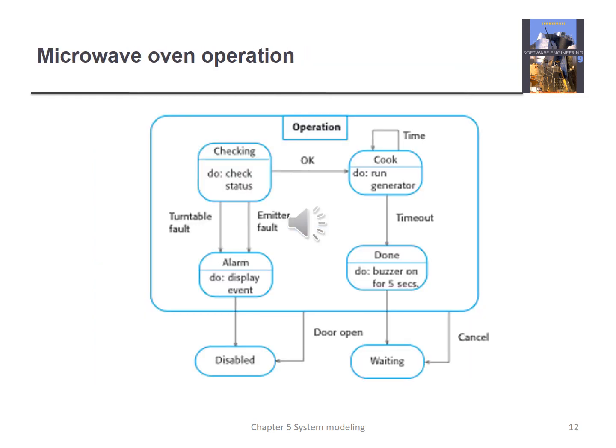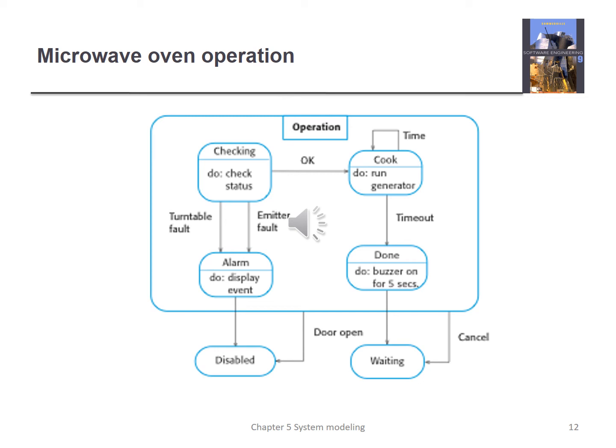As we said earlier in the previous slides, the operation state could again have many different operations, like checking the status, cook, done, and alarm. But the one that goes off that state, you see, is disabled. Or if the door opens it goes to disable, or if you cancel, it goes to waiting.